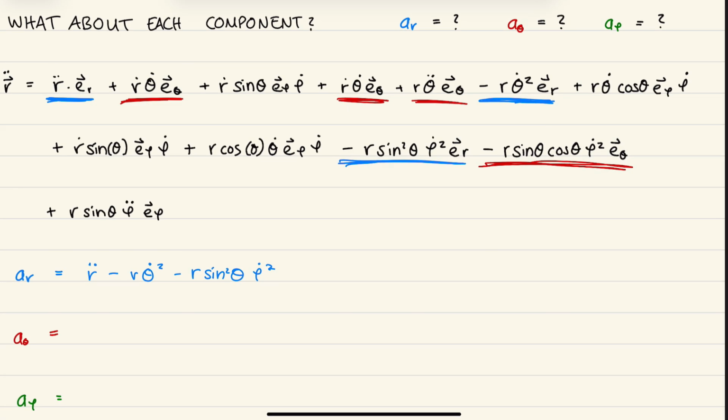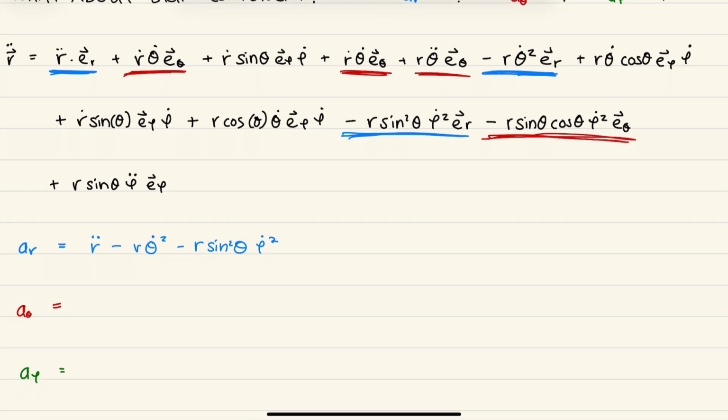So collecting those, for the theta component, we get r dot theta dot plus r dot theta dot plus r theta double dot minus r sine theta cosine theta phi dot squared. Since those two are the same, we can simplify it by saying 2 r dot theta dot plus r theta double dot minus r sine theta cosine theta phi dot squared.